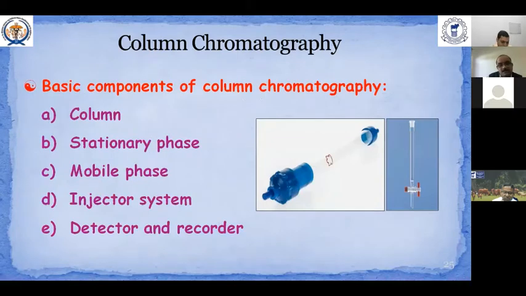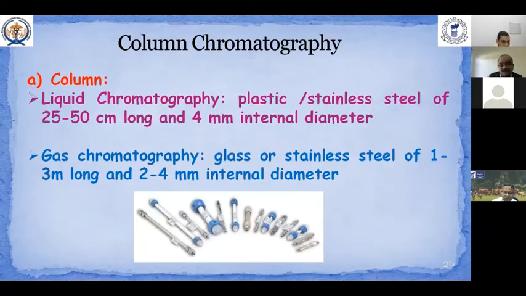So the basic components of column chromatography include the column, stationary phase, mobile phase, injector system, detector, and recorder. The column, depending upon the type of chromatography, may differ in length, size, and material.